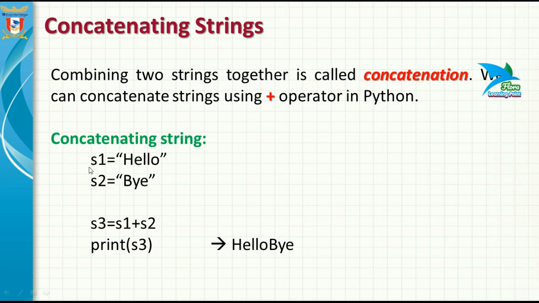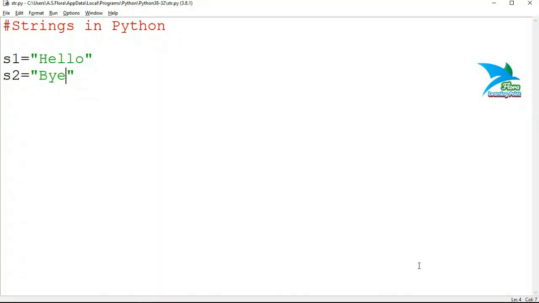We have two strings s1 and s2, and I want to combine these two strings, so I have to write s1 plus s2, and assign the value to another string type of variable. Then the value will be hello and bye. So that is the way we can concatenate strings in Python.